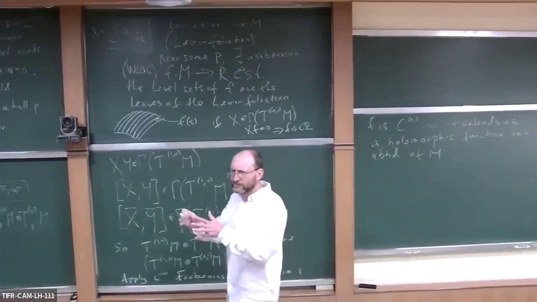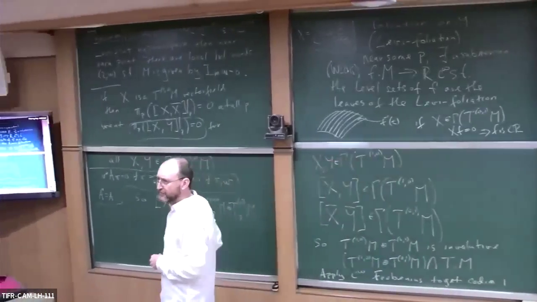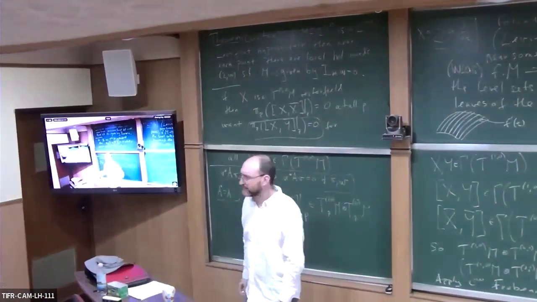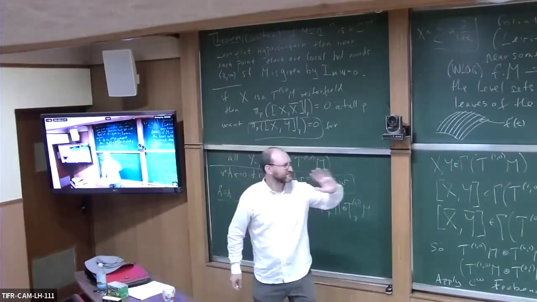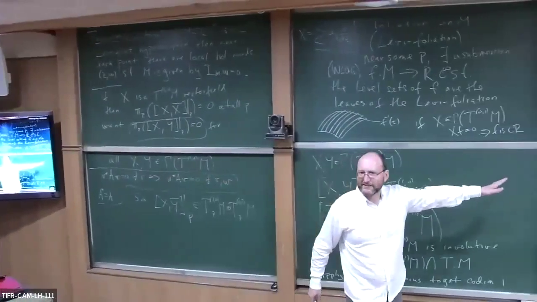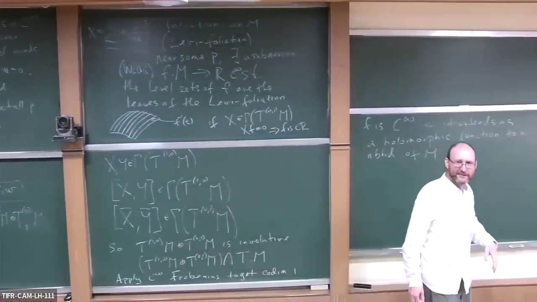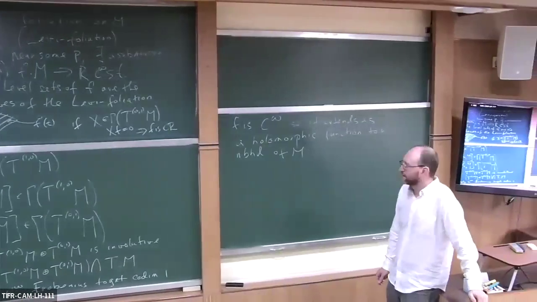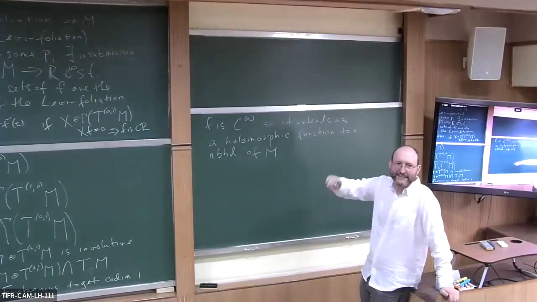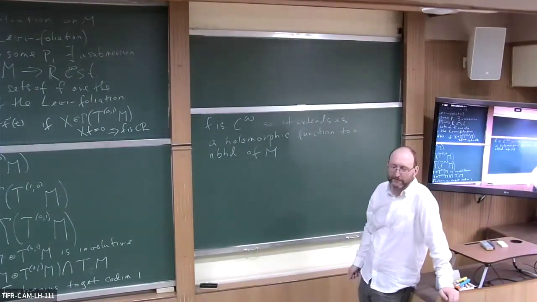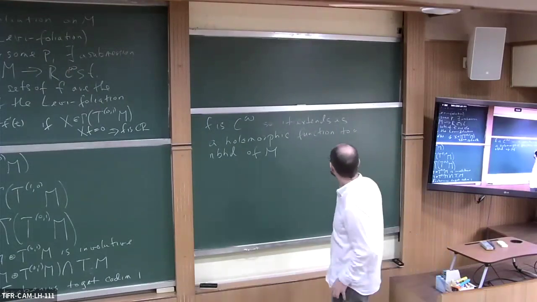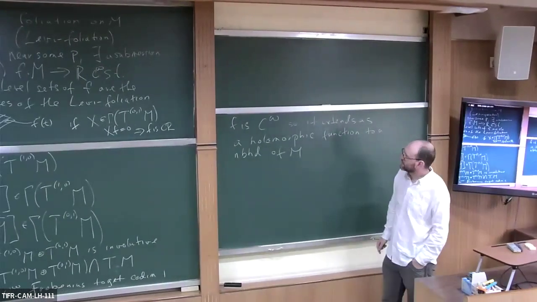And we only did it locally, but yeah, again, if you do it at each point, the extension is unique, but we don't really care. Make M small enough, right? Just take a local extension. That's fine. So without loss of generality, make M even smaller near some point, and you have this holomorphic function.